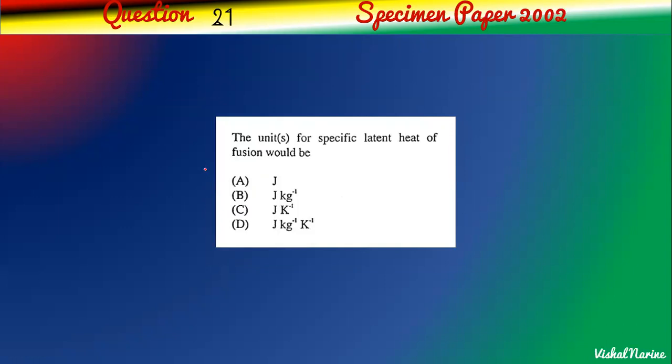The units for the specific latent heat of fusion is. All right, so I see a lot of persons, and yes, indeed it is B, joules per kilogram.